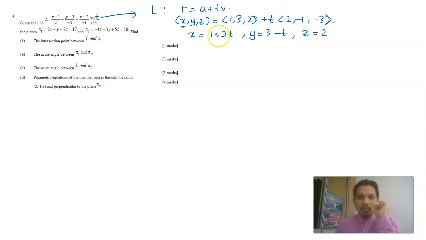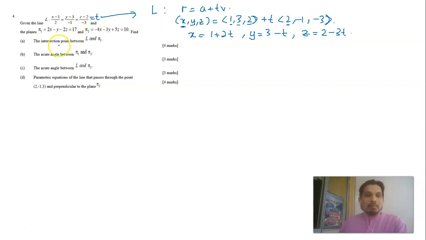Okay, x equal to 1 plus 2t, y here equal to 3 and negative 1t, and z equal to 2 and negative 3t.